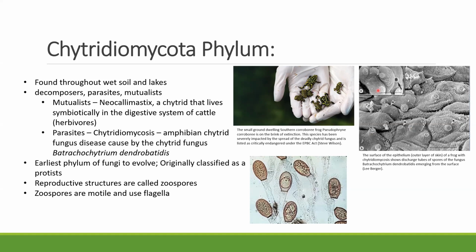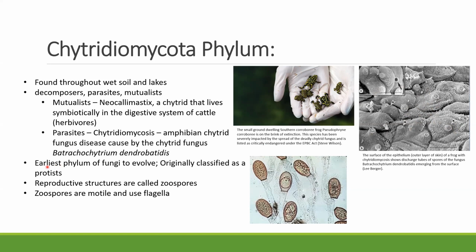And then this is the surface of the epithelium of frogs, and you can see that it shows these discharge tubes of spores from the fungus. Obviously, when you handle these frogs, you're going to want to use gloves to reduce the spread of this fungus to other animals and just protect the environment.